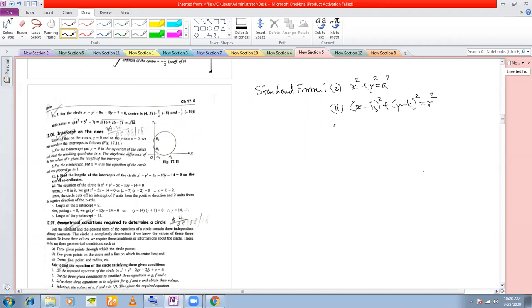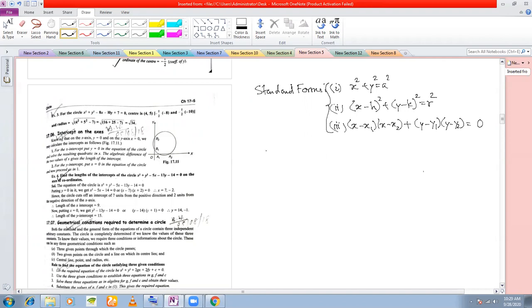Next is the diameter form: (x minus x1)(x minus x2) plus (y minus y1)(y minus y2) is equal to 0. These are the three standard forms that you have already done.